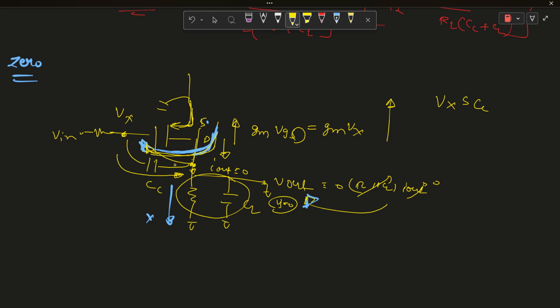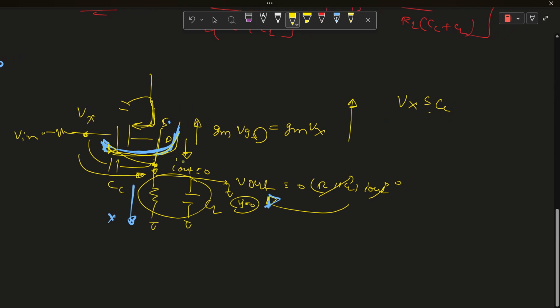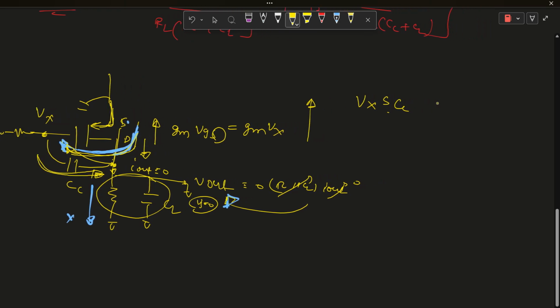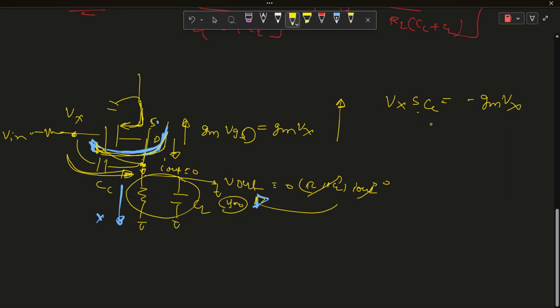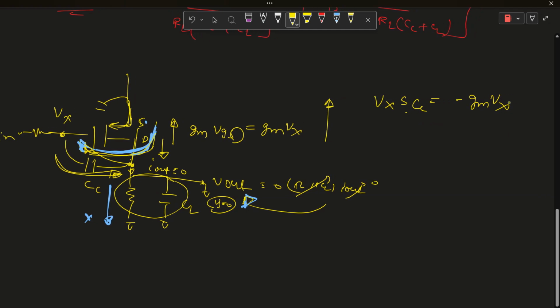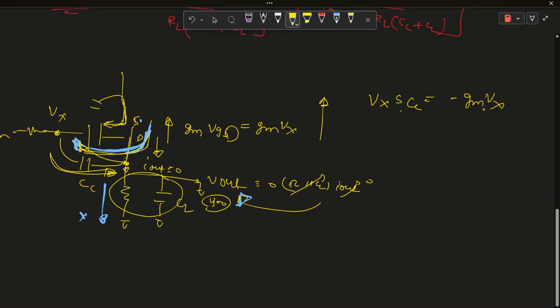As this is Vx, and this impedance is 1 upon SC, the current flowing in this direction is equal to minus gm Vx.